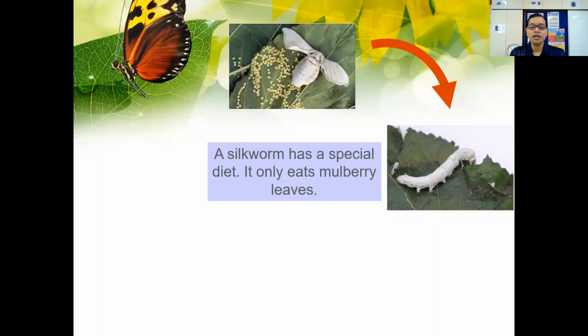Another one that is a bear that is supposed to be a carnivore, but does not really eat meat, is the koala bear. Okay, koala bears, if I am not mistaken, only eat eucalyptus leaves. Okay, and putting those bears aside, the silkworm actually is a picky eater. It only eats mulberry leaves.